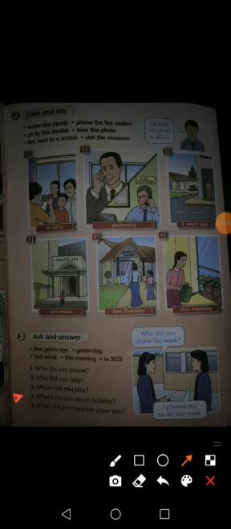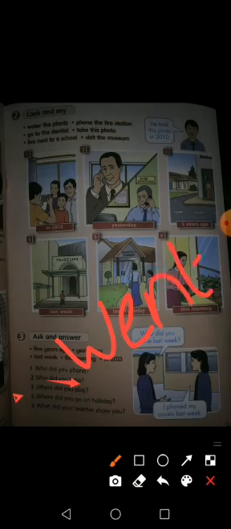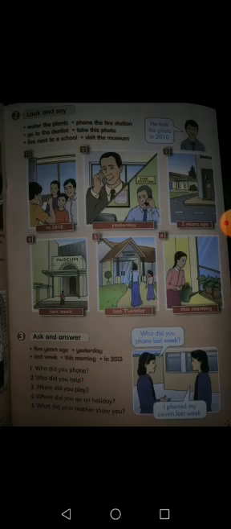For example, I went to the museum, for example, 5 years ago. I went to the museum, or I went to the theme park. Okay, I went. Okay, student.